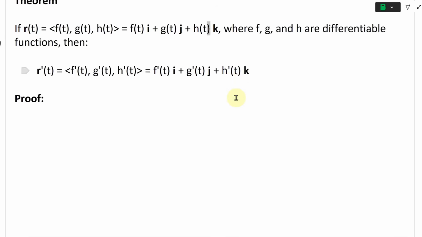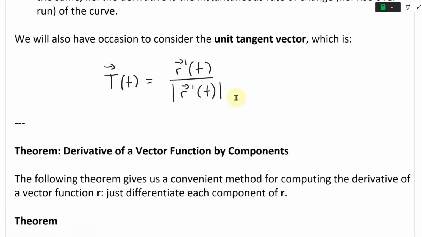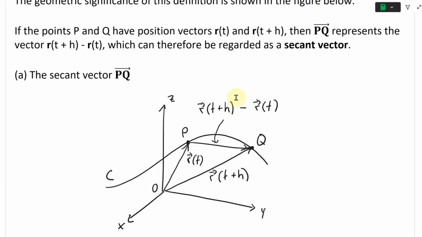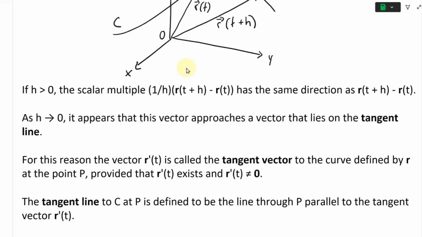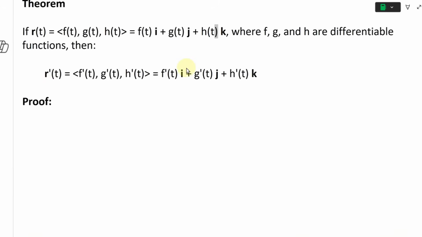So let's take a look at the proof of this. We're going to use the definition of the derivative for a vector function. Because we have an h there already, instead of writing h, I'm going to write delta t in our definition.